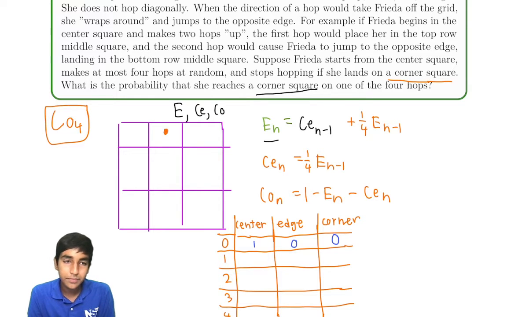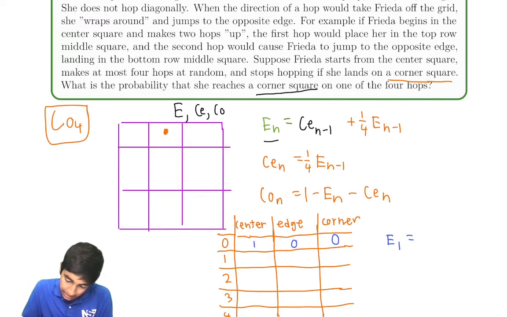After 1 move, what are the probabilities? Well, remember here, E of 1 equals CE of n minus 1, or CE of 0, plus 1/4 E of 0. E of 0 is 0, but CE of 0 is 1.